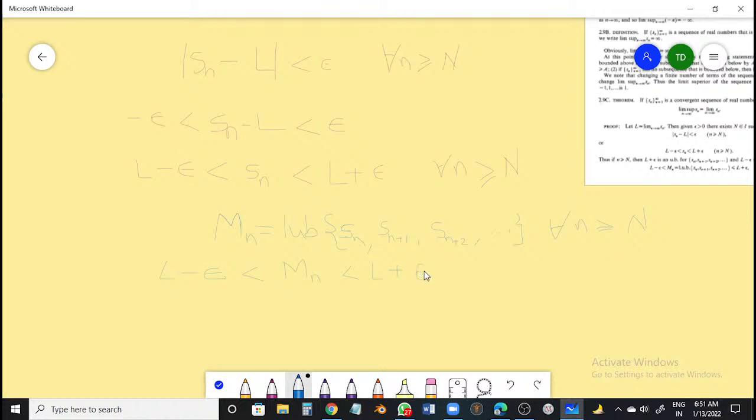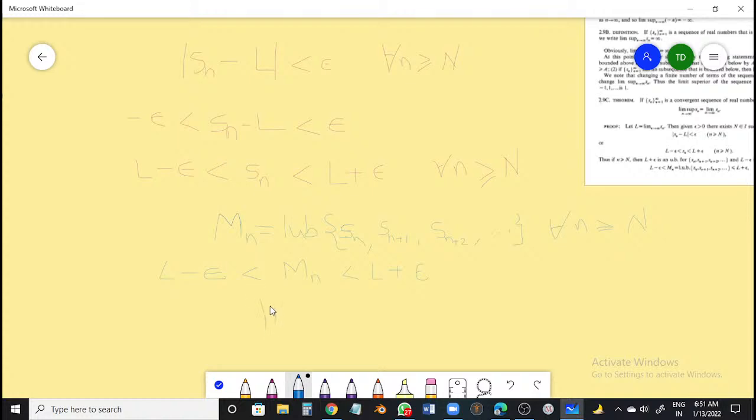I hope the thing is quite clear. If the terms are themselves between these two values, then the limit supremums of these things will also lie between L minus epsilon to L plus epsilon, and very naturally we are getting the same kind of condition over here.